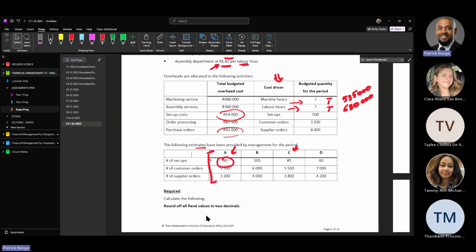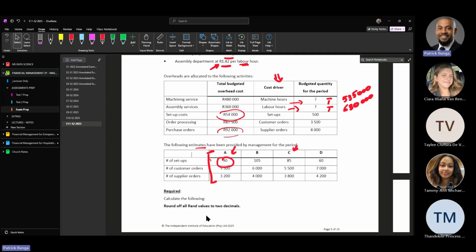let me clarify this so that you understand the logic clearly. Before we budget, because we're not going to be calculating the cost driver, the rate per cost driver during the year. Remember, in finance, we are always planning ahead. And that's why we will budget.